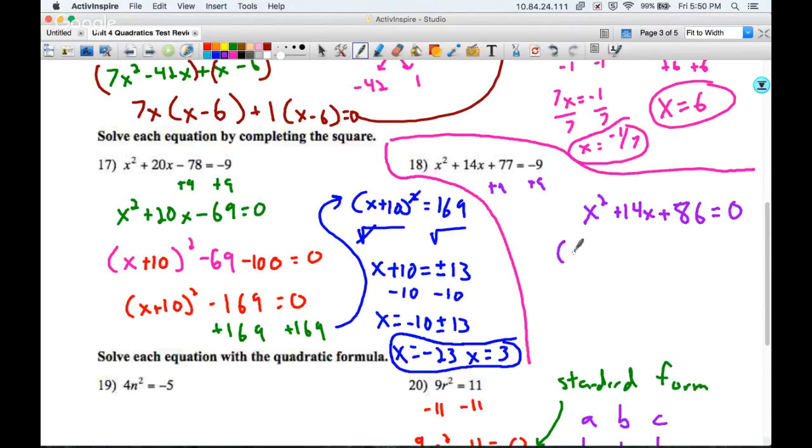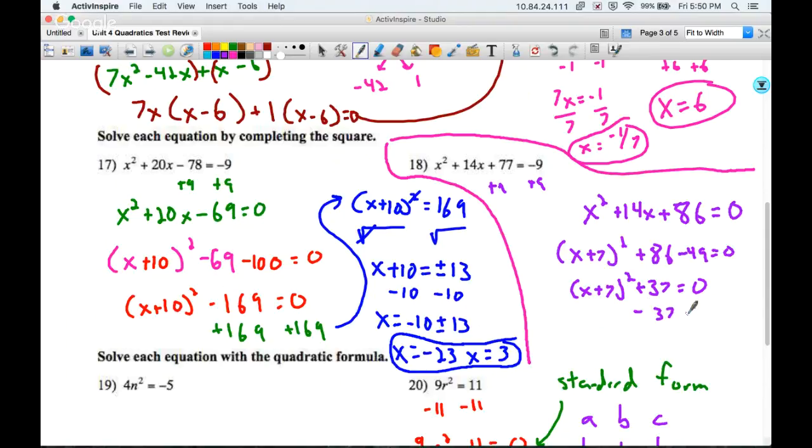And then create the structure here. X plus something squared, keep the 86. That's going to be a 7, and then I got to subtract away 49. Now I've got x plus 7 squared. 86 minus 49 is 37. All right, it's a plus 37.